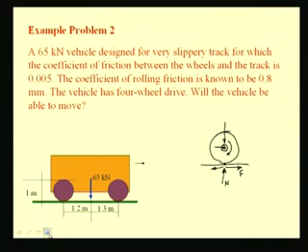If the rolling resistance is more than the available friction, then the vehicle will not be able to propel, but rather the wheels will keep revolving and slipping on the track, and the vehicle will be idle and will not get propelled. So, let us go to the problem.